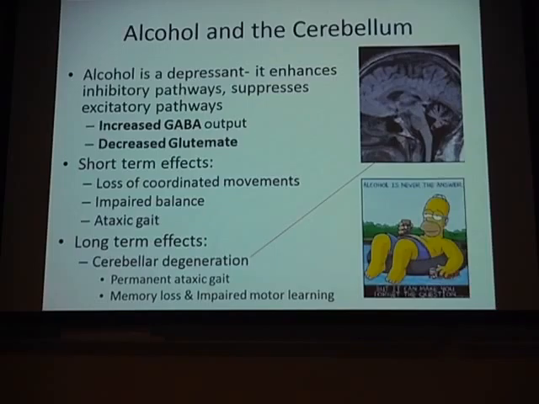But it is more commonly thought to have, particularly for chronic alcoholism, long-term degenerating effects on the cerebellum. So typically alcohol and the cerebellum are talked about in relation to each other. As I'm sure you know, alcohol is a depressant, so it depresses the activity of the cerebellum through our primary inhibitory neurotransmitter, which we talked about last week, which is GABA.